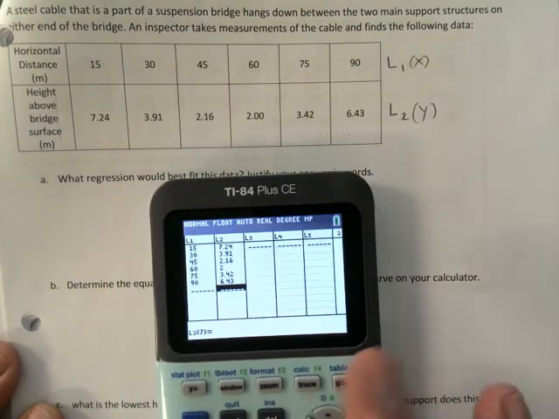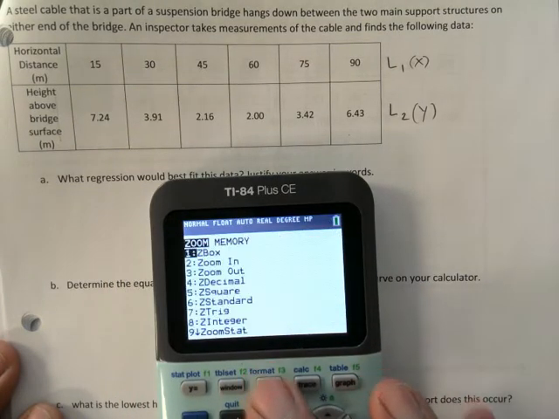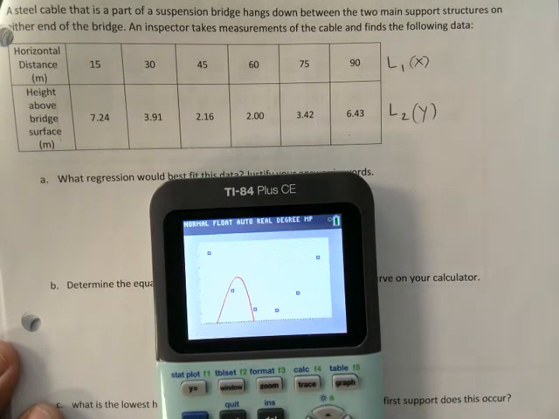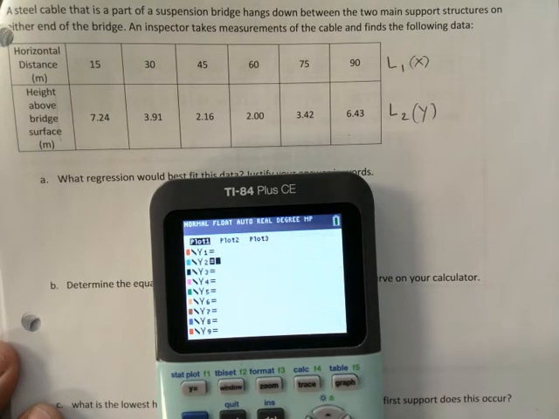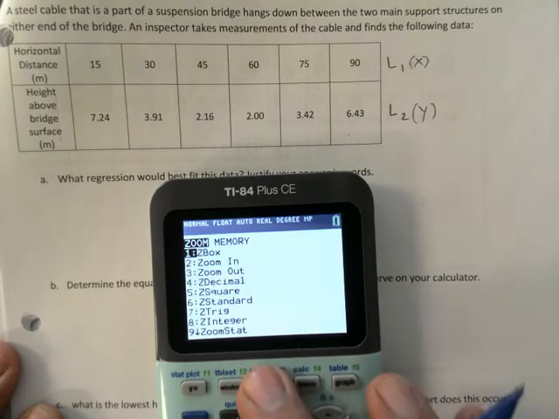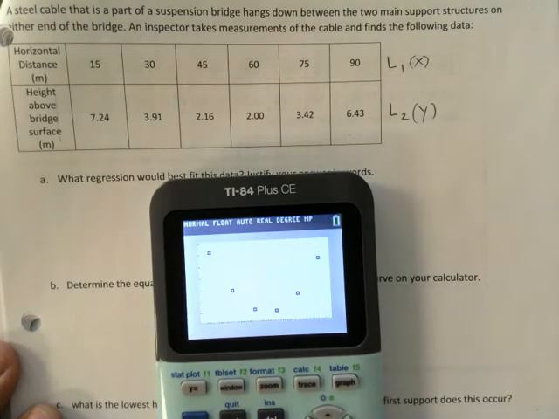So you enter all of that. You press zoom 9. Oh, I still have my previous one. Zoom 9 is just to look at the scatter plot. I would still say you'd have to adjust your window.